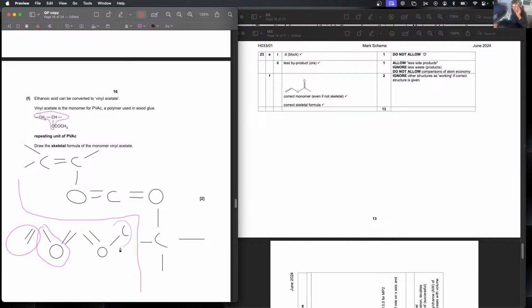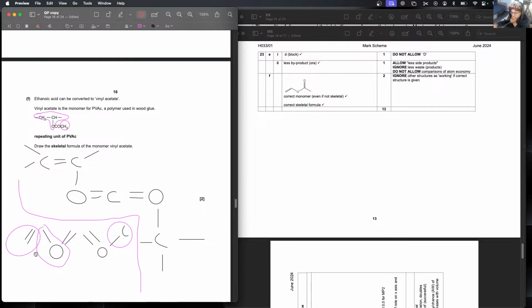And this is also correct, right? But this is the difference. My single bond, they have 1, 2, 3, 4.